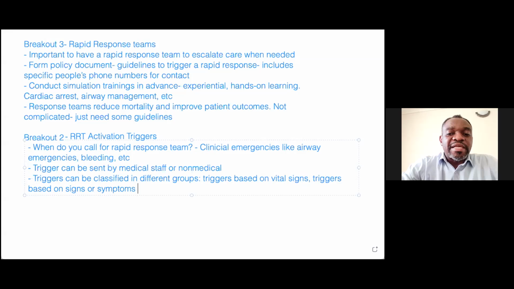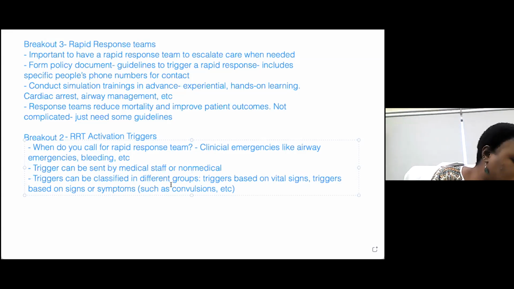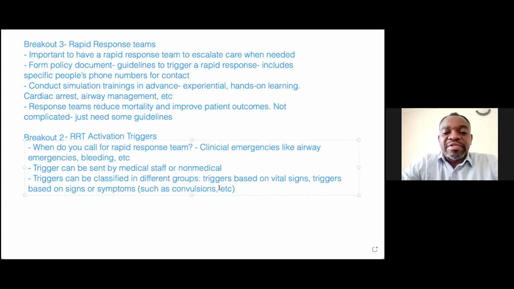Or the Glasgow Coma Scale of the patient can suddenly drop. The patient was talking to you and then becomes unresponsive, and the condition has to be reevaluated very fast and taken to a better environment for better care.